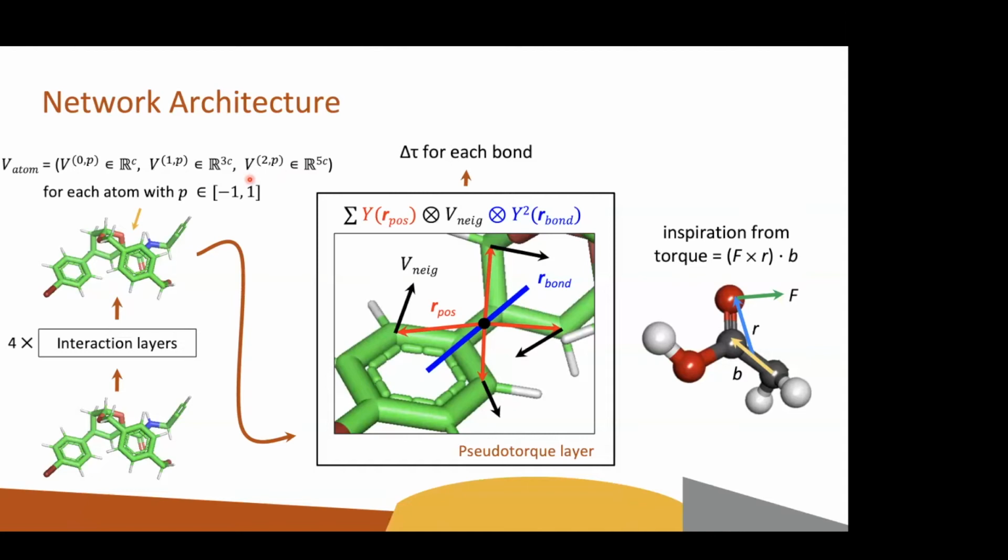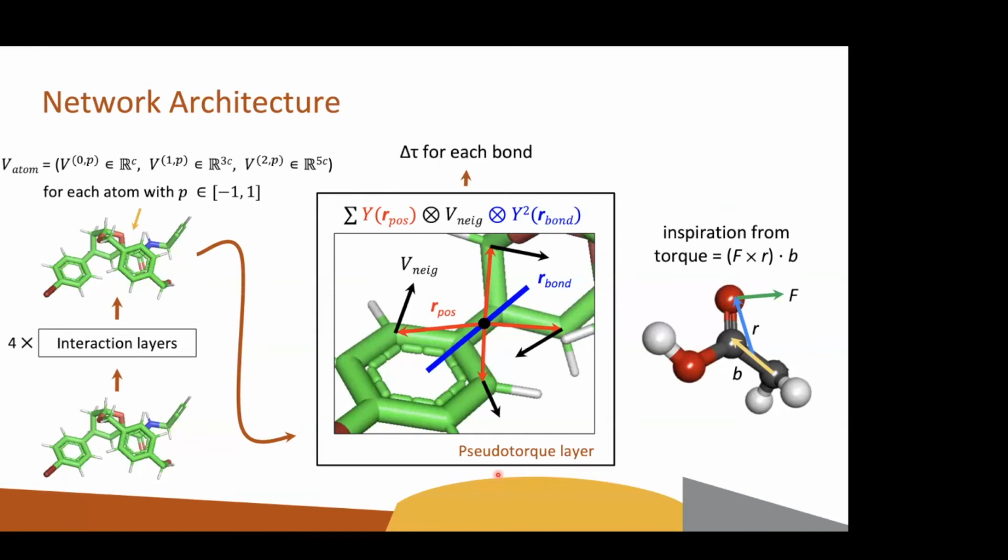The final layer of the model is what we call a pseudotorque layer. And the job of this layer is to predict a pseudoscalar value for each of the rotatable bonds from the learned atomic embeddings of the neighbors of that bond.